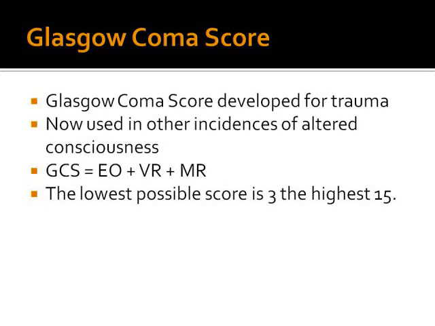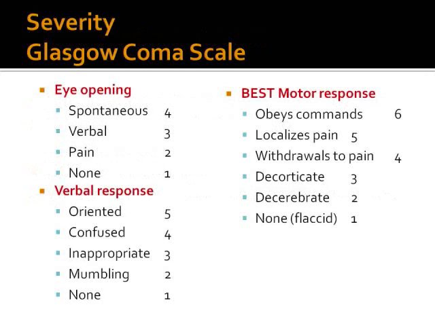The Glasgow Coma scale is an important scale used to assess the severity of head injury. It has three parameters: eye-opening, verbal response, and best motor response, the details of which are listed in this slide. The Glasgow Coma scale was developed for trauma and is now used also in other incidences of altered consciousness.